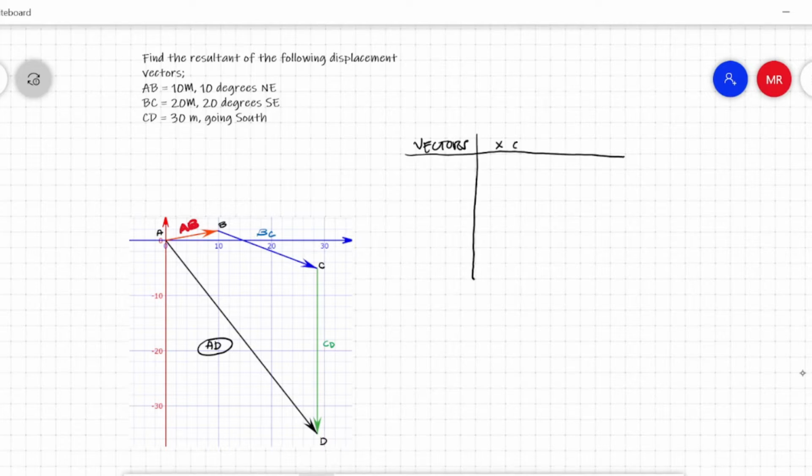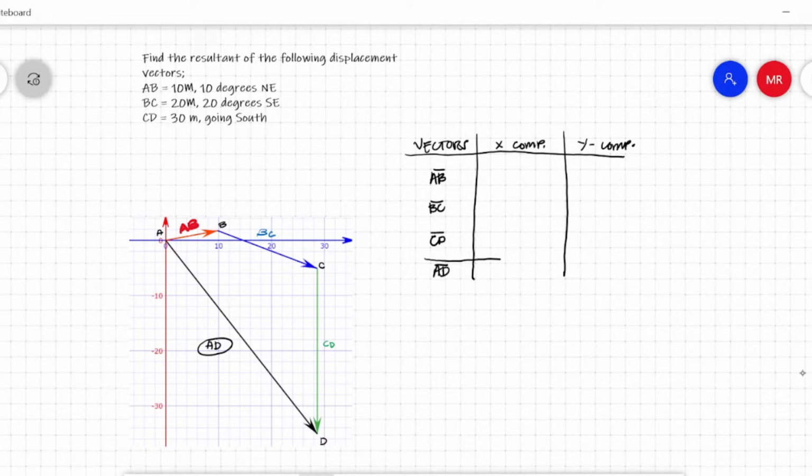Then we have the x components or the horizontal component, and the y component or the vertical component. So anong mga vectors ang meron tayo? Meron tayong vector AB, vector BC, vector CD, and we have our resultant vector, vector AD.